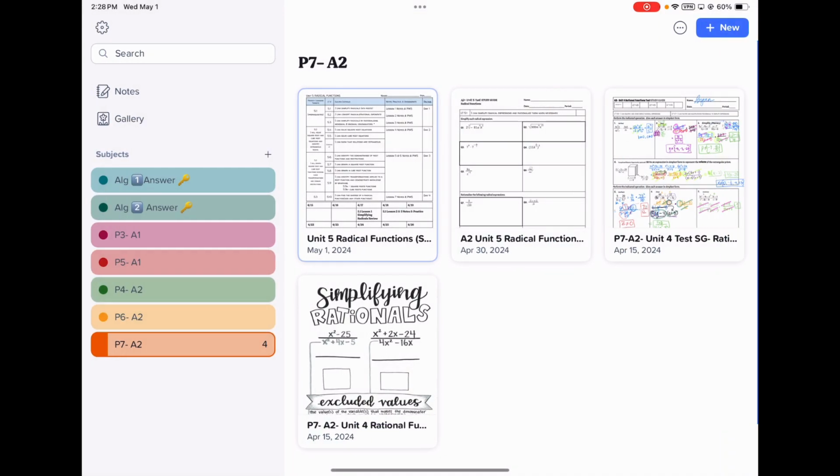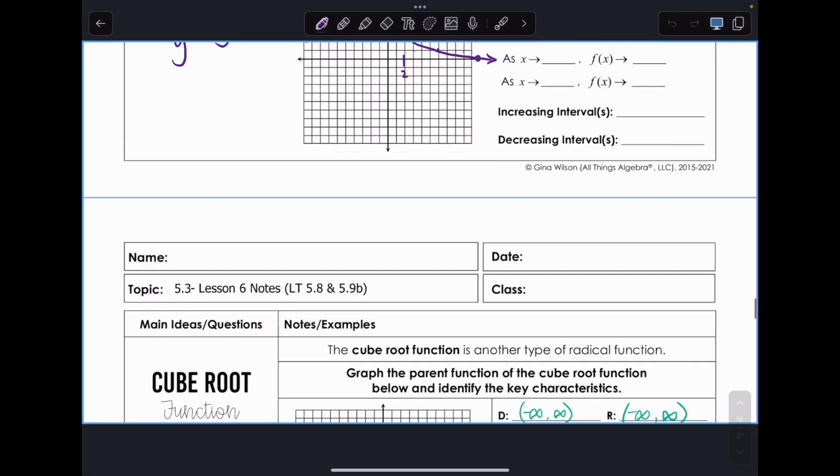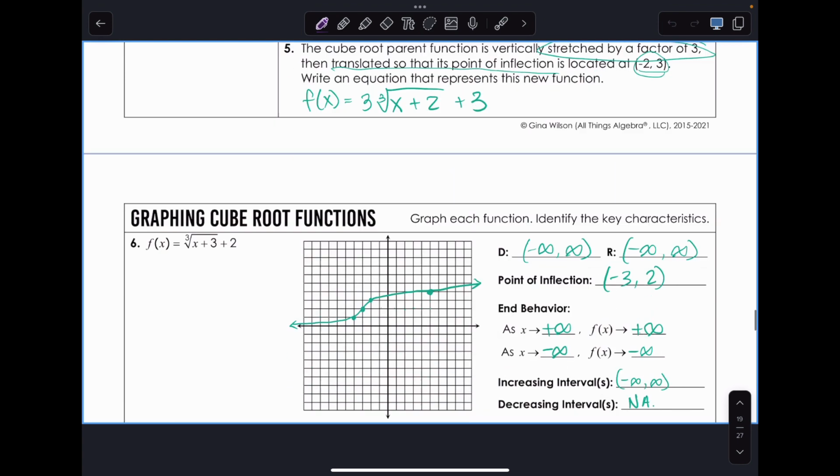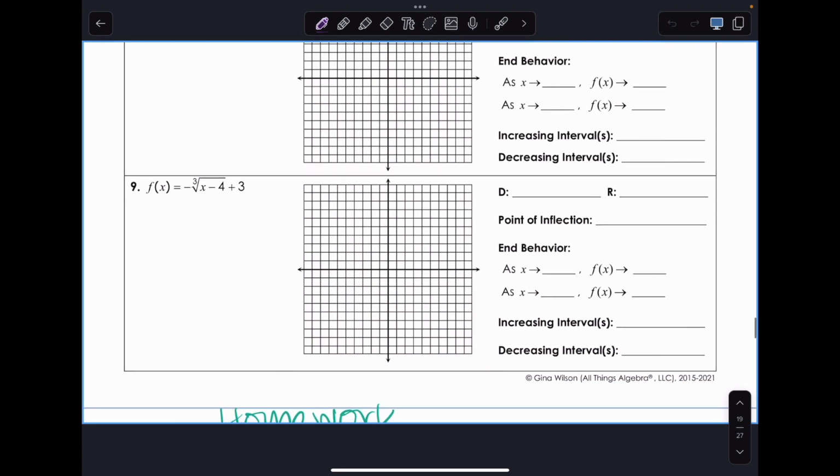Wait, don't go, no. Okay, let's go to the cubic root. Go down to number 9, 2 pages over, I believe, right? Number 9 there? Yes? Okay. So, where's the point of inflection for that one? 4, 3. So, 4, 3. Then to the right 4, and up 3. Here's my point of inflection.